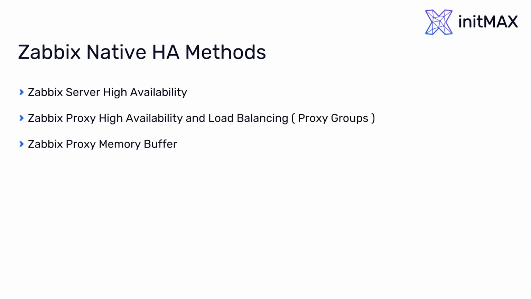Next, native high availability methods. What we have in Zabbix for now is Zabbix server high availability, which is available, I believe, starting with Zabbix 6.0. Zabbix proxy high availability is a more recent thing, and this one also supports load balancing, used with the proxy groups.